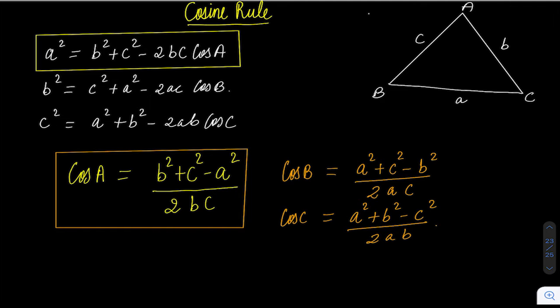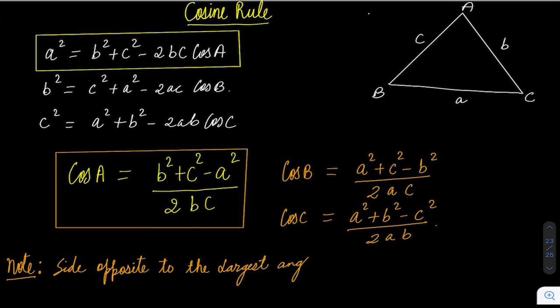Now, one very important note that will help you a lot in some parts of a question is: the side opposite to the largest angle of a triangle is the longest side.